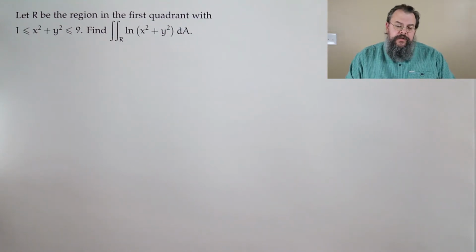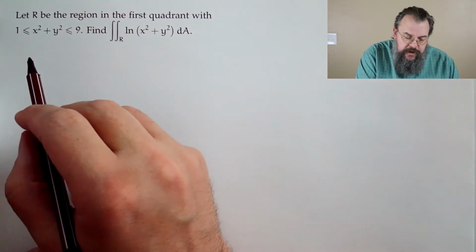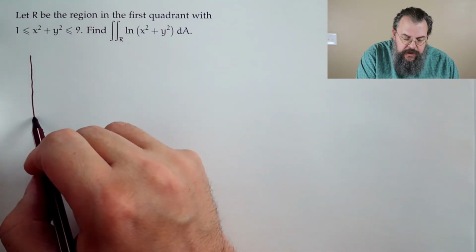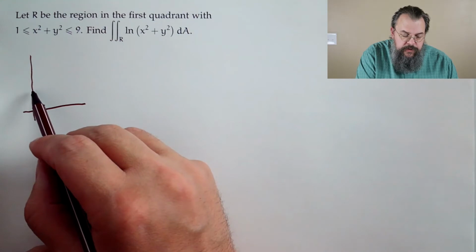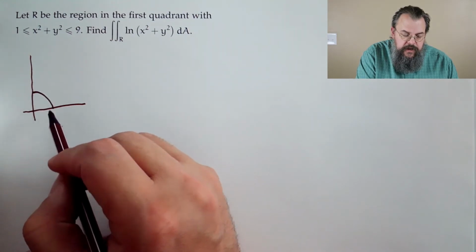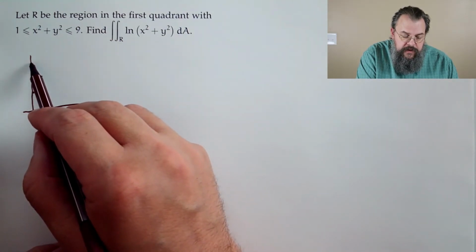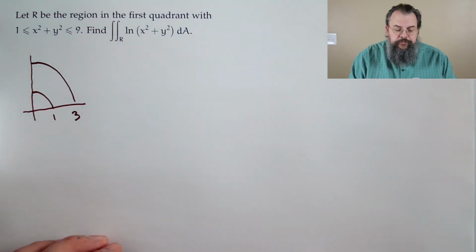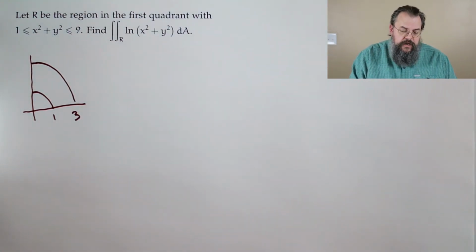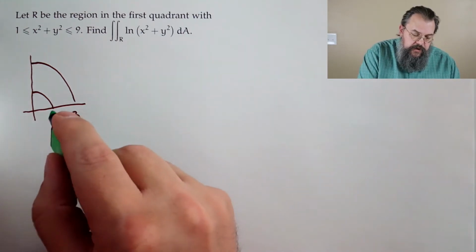So we can see, look, our region is what? It's in the first quadrant, and it's between two circles. x squared plus y squared equals 1, all right? And x squared plus y squared equals 9. Now that's a circle not of radius 9, but of radius 3. So, all right, there we go. There's our shape. We can add a little bit of color here.